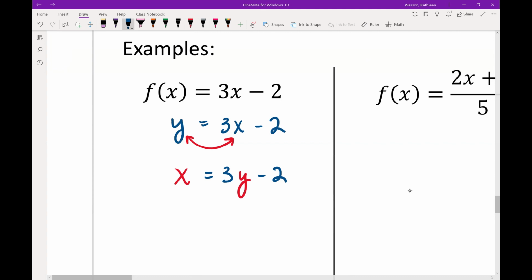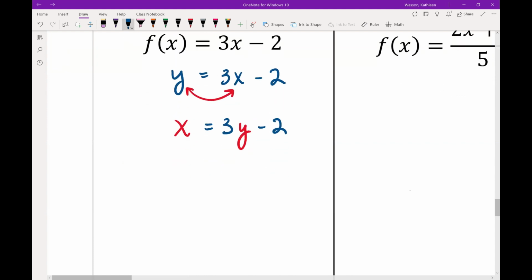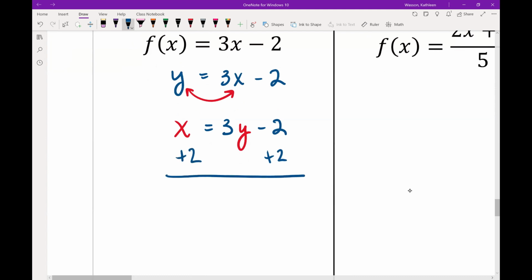Now I need to solve for y. So I add 2. I get x plus 2 equals 3y. Then I divide each term by 3.